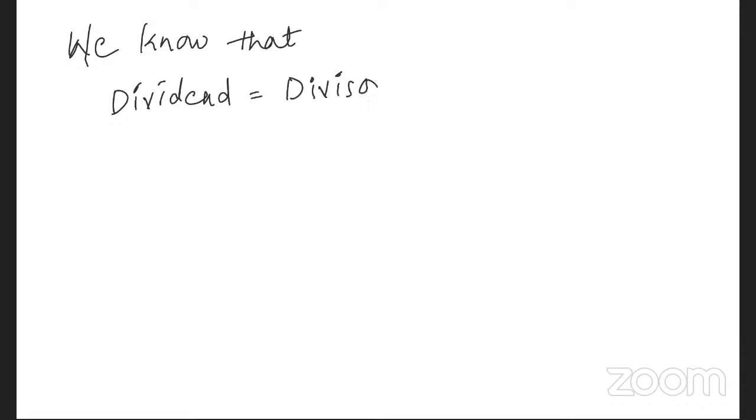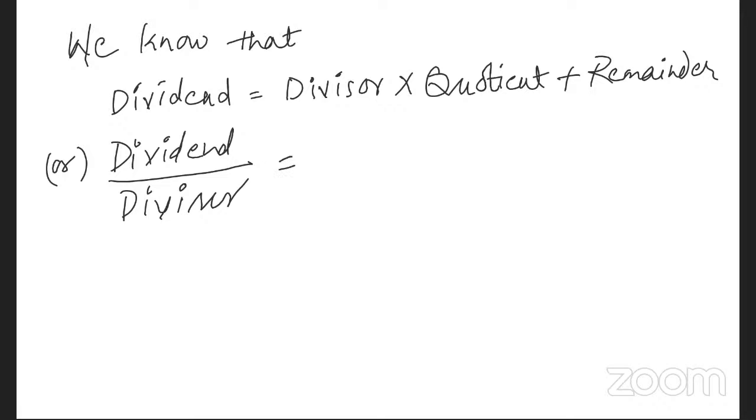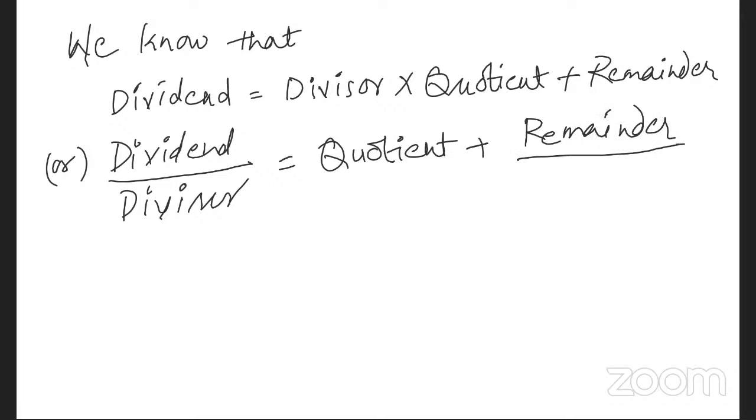So now, you have to remember this. We know, you've already learned this in your previous classes, dividend is equals to divisor into quotient plus remainder, or this can also be written as dividend divided throughout by divisor, dividend by divisor is equals to quotient plus remainder divided by divisor.